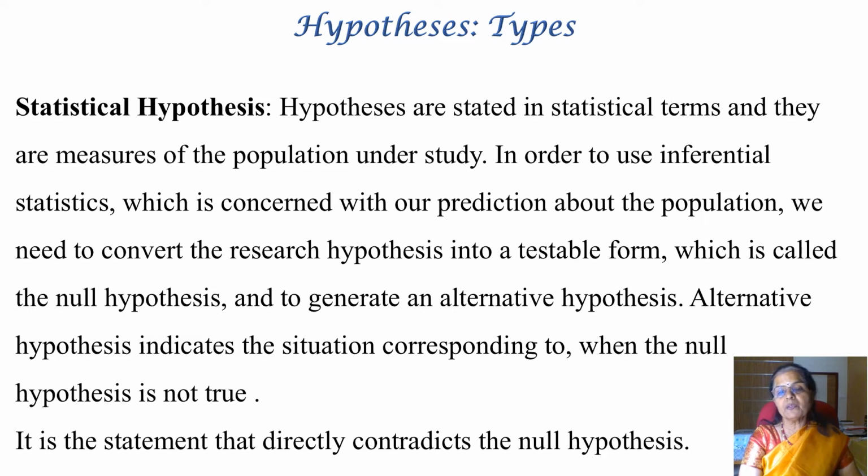The alternative hypothesis for the same null hypothesis would be: the performance efficiency of the students taught by these two methods, that is hands-on workshop experience and the traditional lecture method, are not equal. This is one of the alternative hypotheses.